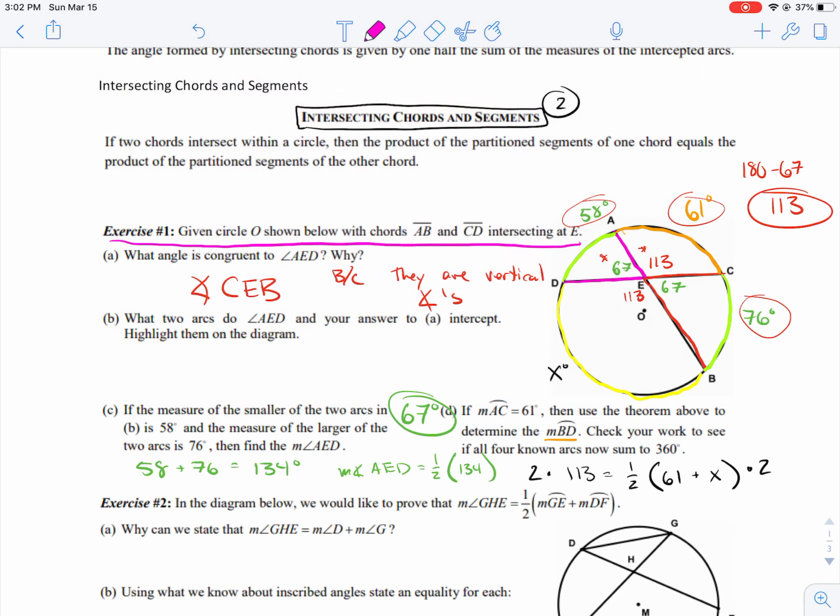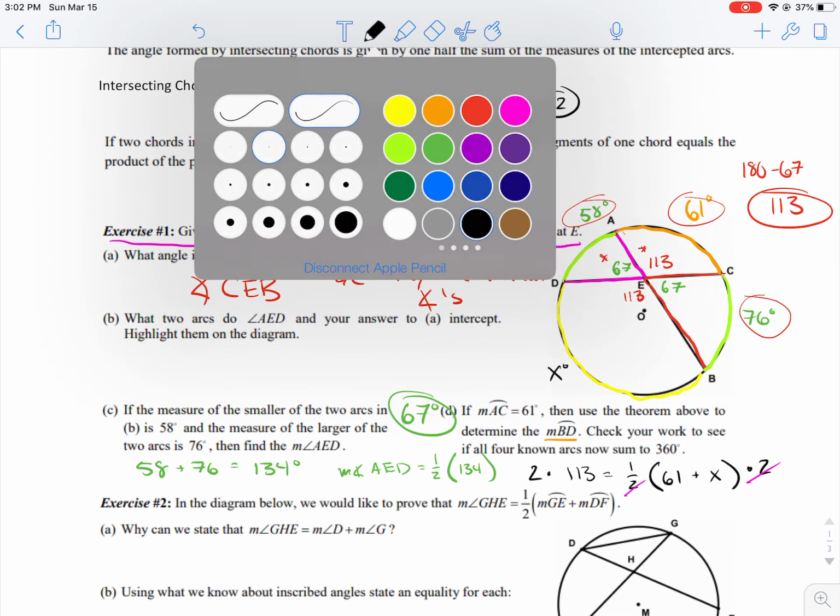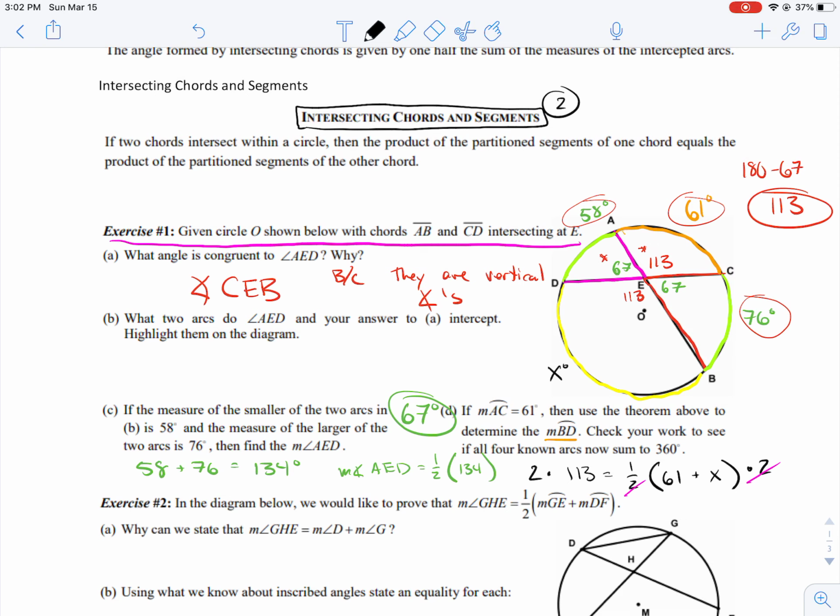Our 2's are going to cancel on this side, and you get 226 is equal to 61 plus x. Subtract 61, and you get x is equal to 165.